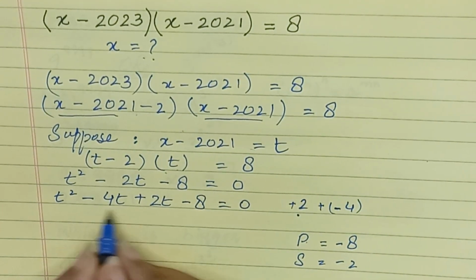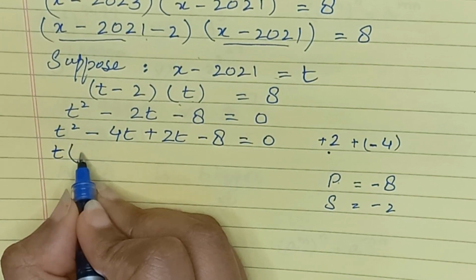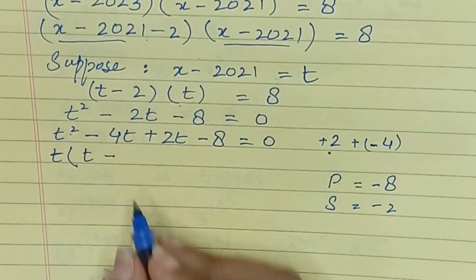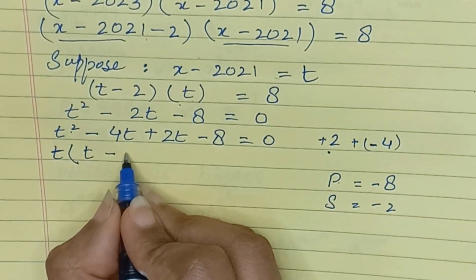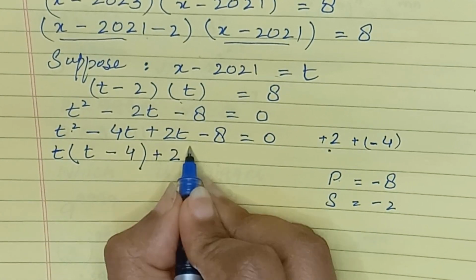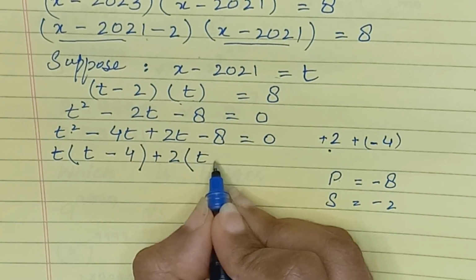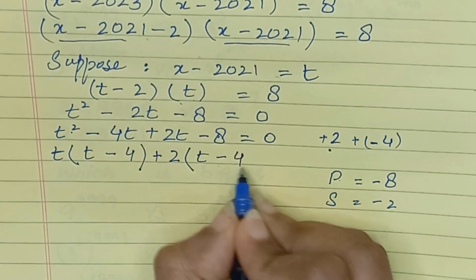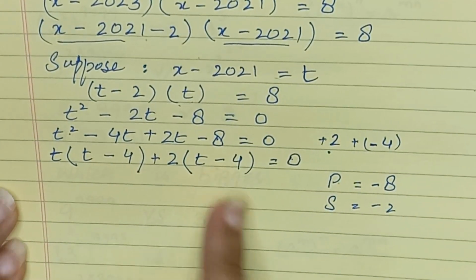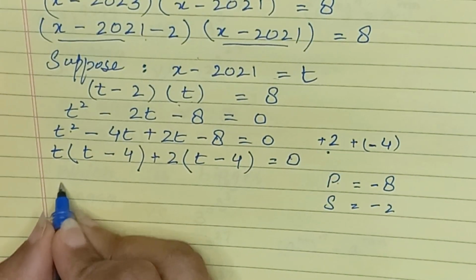Now from these two terms t is common, so we take t common and we are left with t square divided by t is t, minus 4t divided by t is 4. From here 2 is common, so 2t divided by 2 is t, minus 8 divided by 2 is 4, which is equal to 0. Now from these two terms t minus 4 is the same, so it will be common.